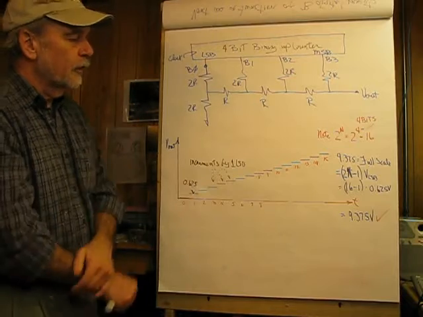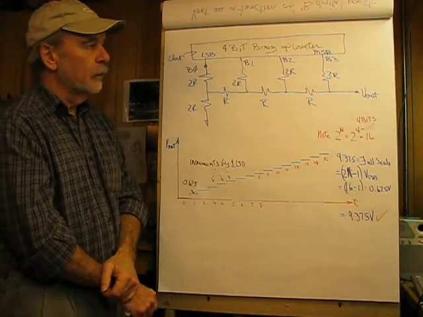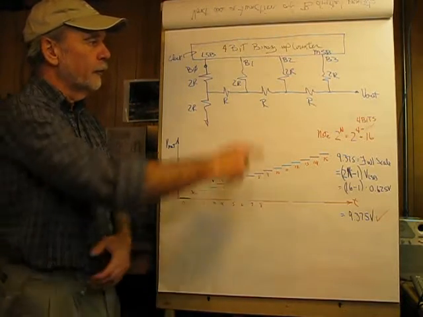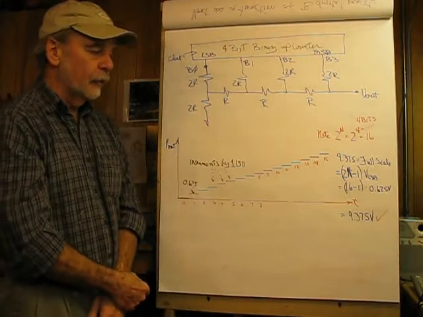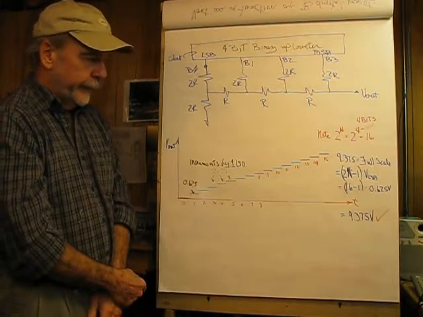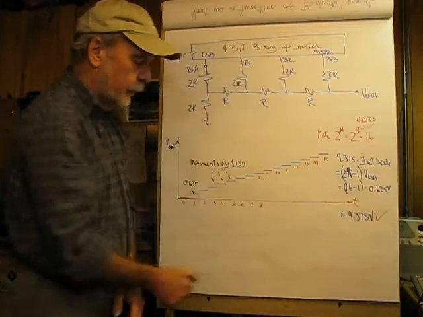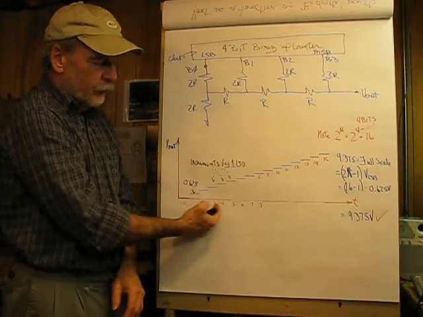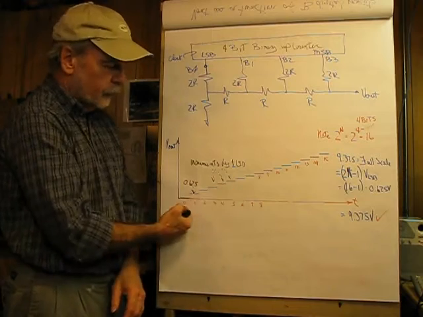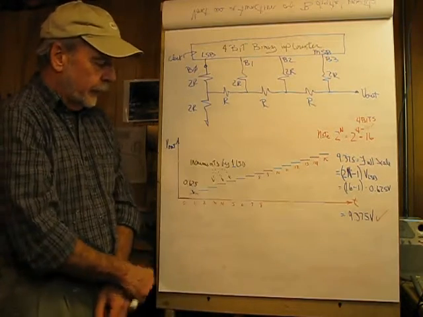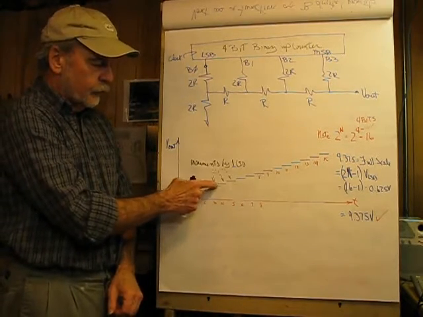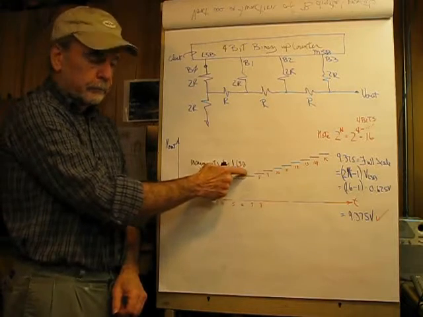So let's progress a little bit. Now what we're going to do is take our R2R and run it through a 4-bit binary up counter as we did before. And just for the heck of it, we're seeing the time here and the up count sequence going from 0 to 15, and each one of these steps varies by 1 LSB.